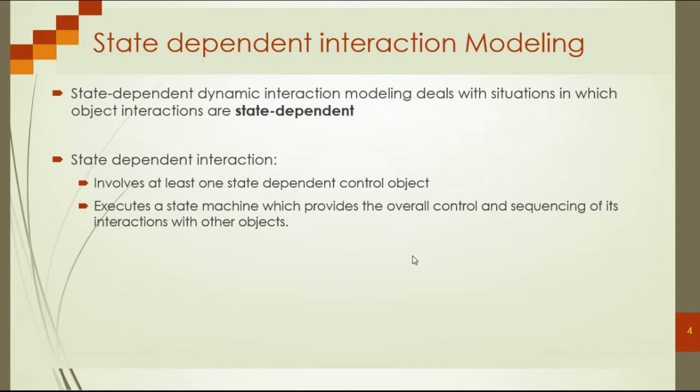We determine the boundary classes, control objects, boundary objects, timer objects, and other types of objects. And then we use the sequence diagram and communication diagram to model the interaction between these objects.